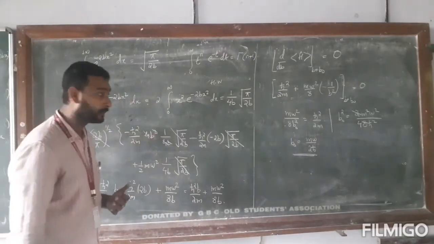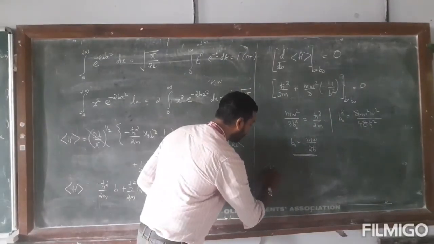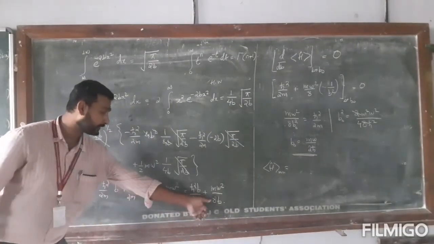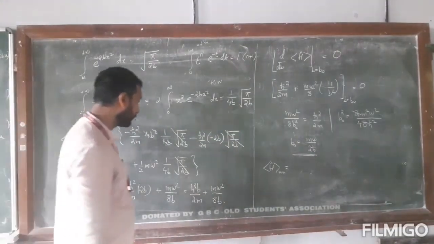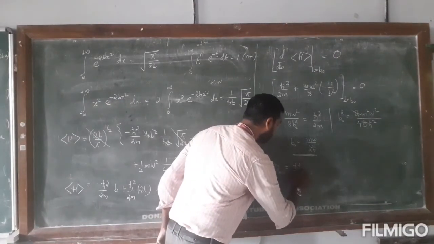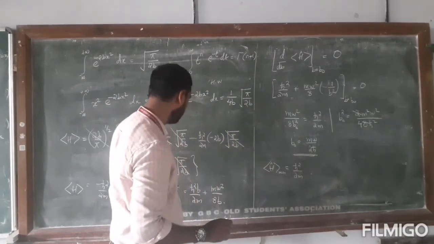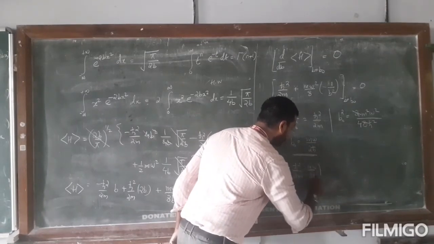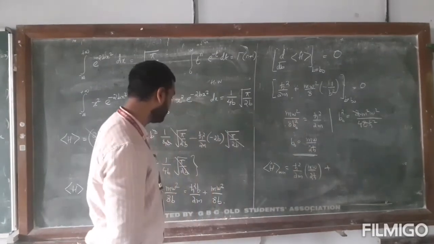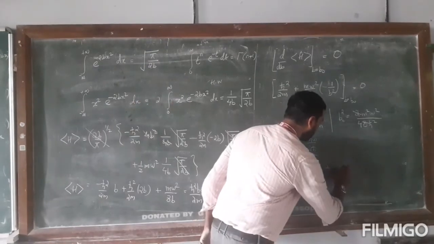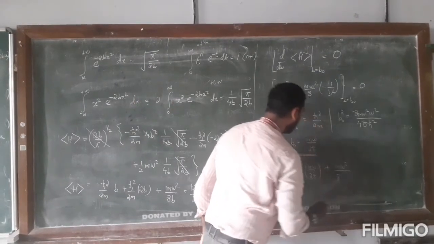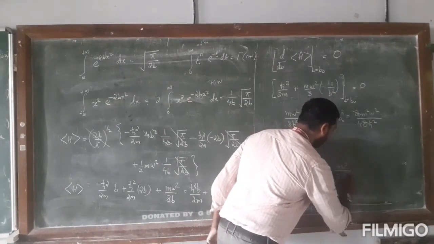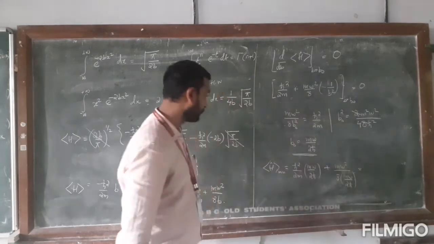Then what would be the minimum Hamiltonian? H minimum: just put the value of b0 here. That would be ħ²/2m times mω/2ħ plus mω²/8 times 2ħ/mω.